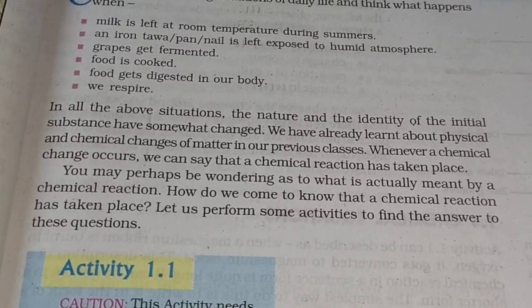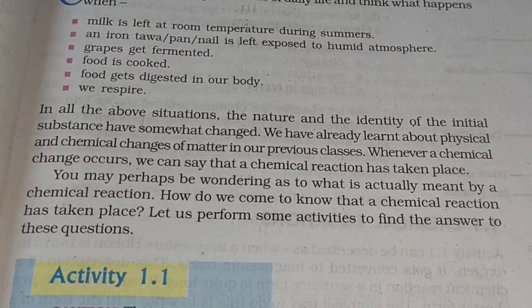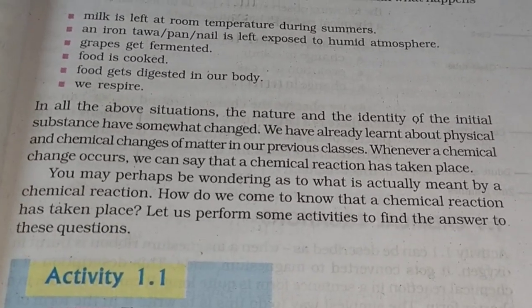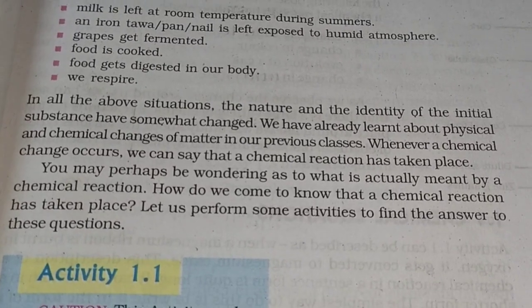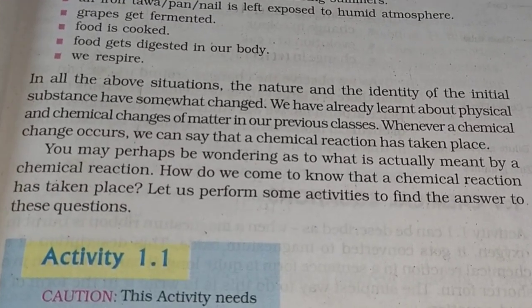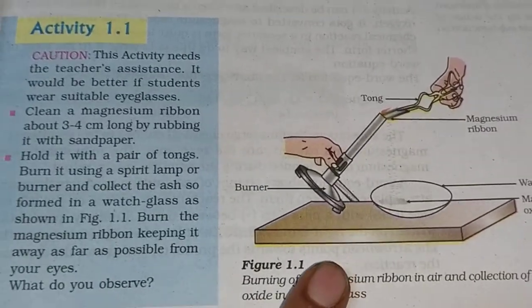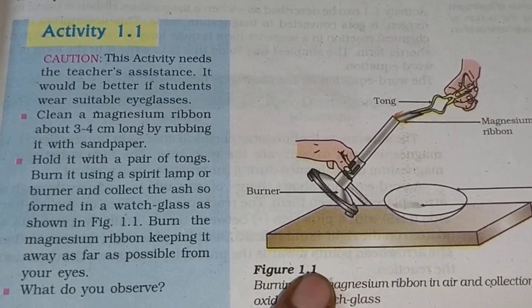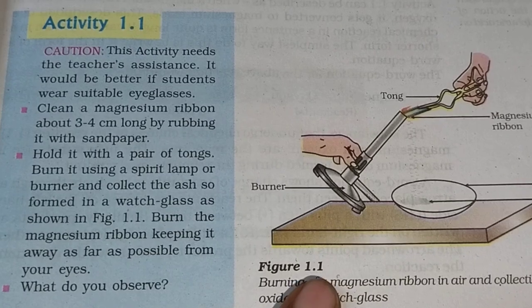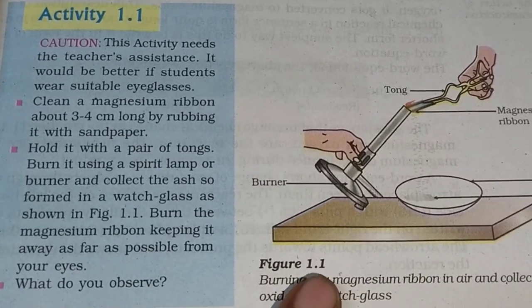You may perhaps be wondering what is actually meant by chemical reaction. So we will discuss this by performing an activity. So let's see what that activity is. See here, clean a magnesium ribbon about 3 to 4 centimeters long by rubbing it with sandpaper.